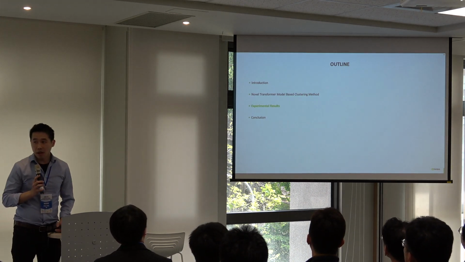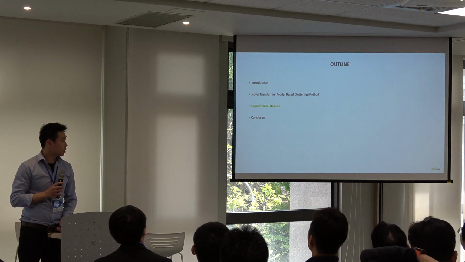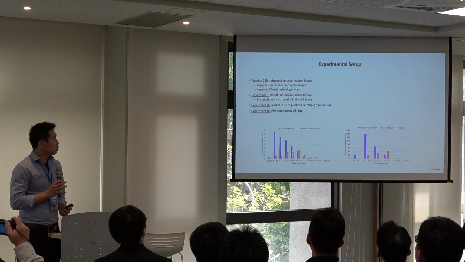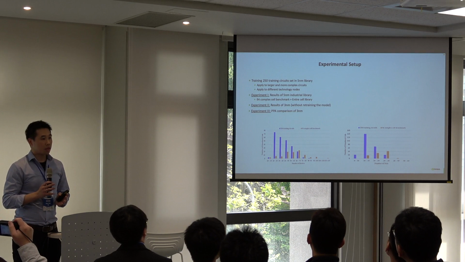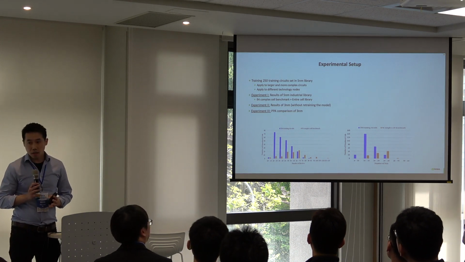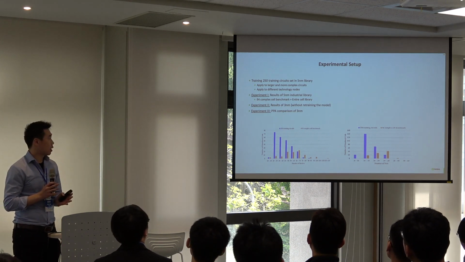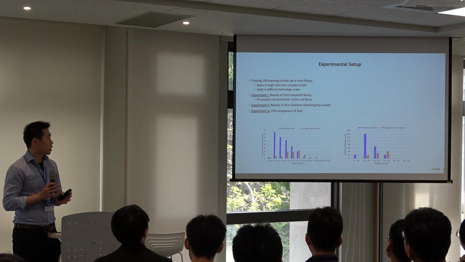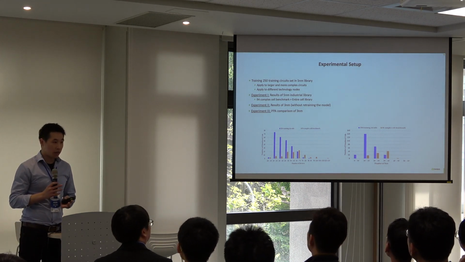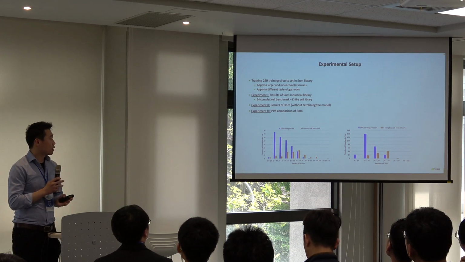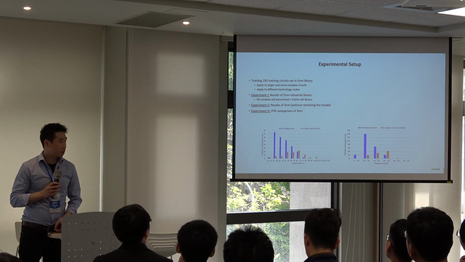Now I will talk about the experimental results. Firstly, the setup. We trained our model using 250 circuits in the 5nm library. We first applied this model to larger and more complex circuits, and also to different technology nodes.